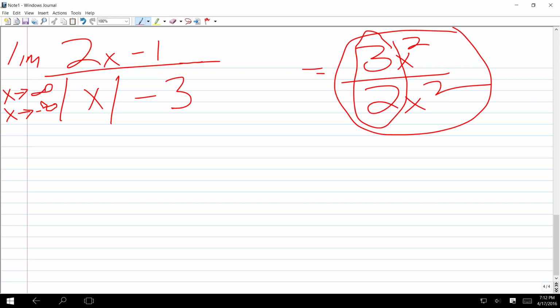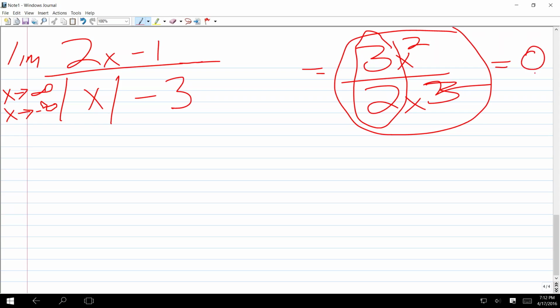Okay. If the denominator is bigger, in other words, if it's cubed instead of squared, well, clearly the denominator is going to blow up, and this whole thing's going to go to 0.